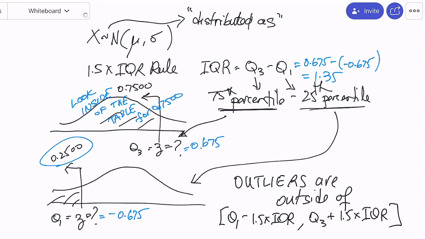So tell me what the limits would be. And this is in terms of standard deviations from the mean. So it applies to any normal distribution. It doesn't matter.